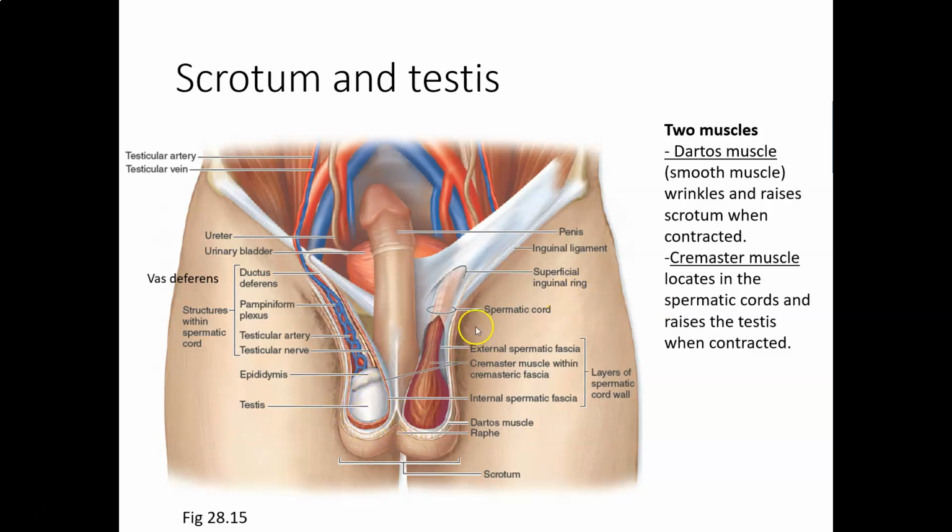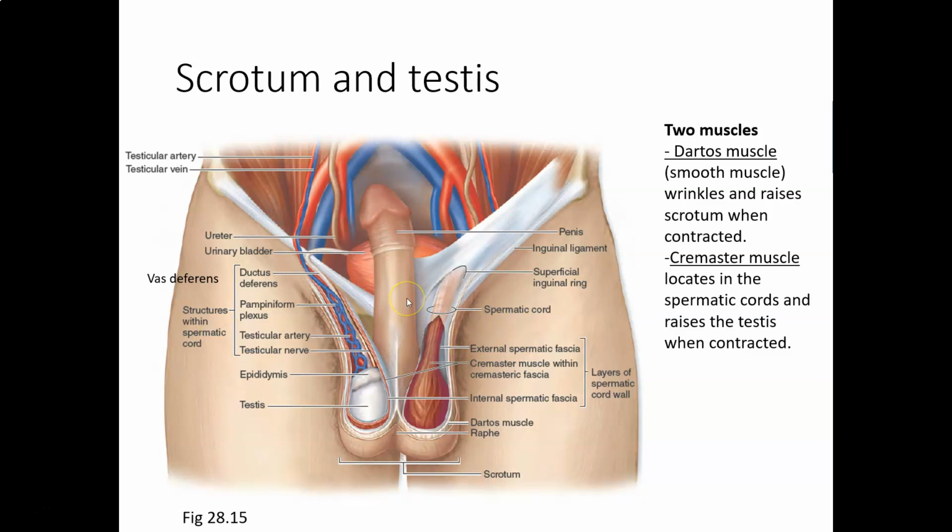So what's in this spermatic cord? It basically has the ductus deferens. That's the duct system where the sperm travels. But it also has blood vessels as well as nerves, right? All travel together in this spermatic cord.